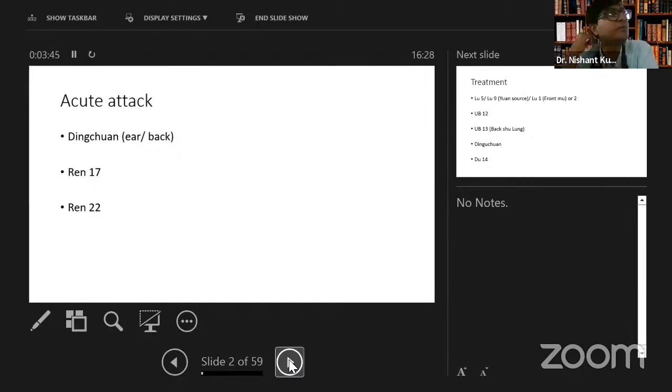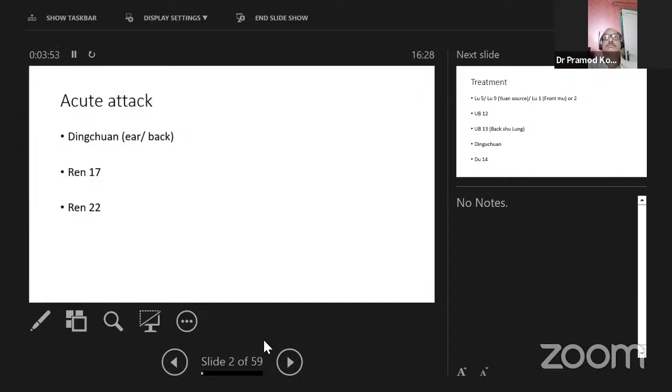Other points are Ding Chuan. So where is the Ding Chuan? Which Ding Chuans do you know? There are two Dingchuans. Yes, just 0.5 cun lateral to C7 and T1. Bilaterally, you go perpendicular, 0.5 to 0.8 cun.